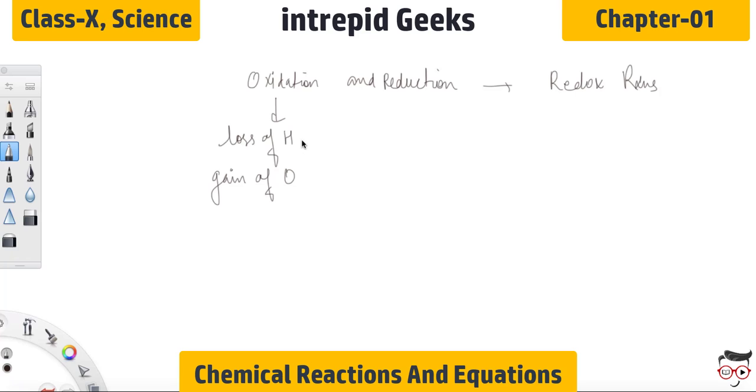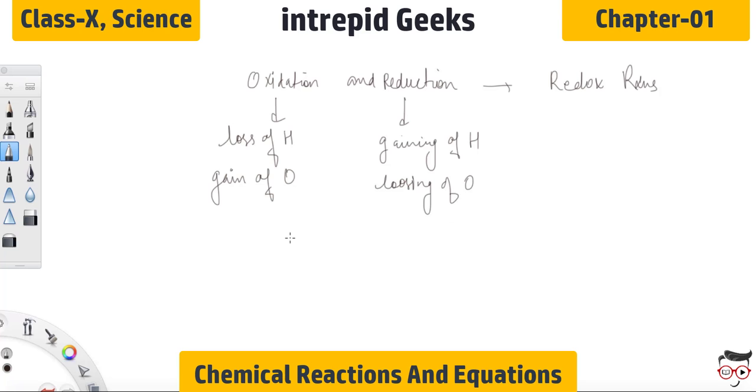Means if the chemical compound is losing its hydrogen or gaining oxygen, then it is said to be oxidized. And what is reduction? It is just the inverse of oxidation, that is, gaining of hydrogen atoms or losing of oxygen atoms is known as reduction.